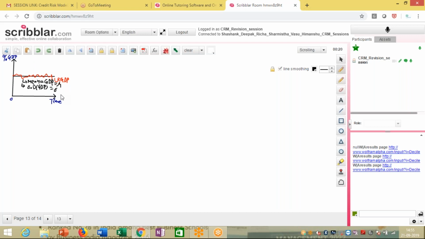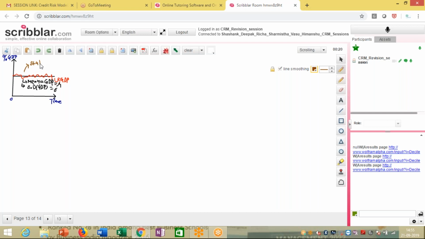A time series where the mean and the standard deviation more or less remain unchanged over multiple subsamples is called a stationary series, right? So this GDP series is a stationary GDP series.